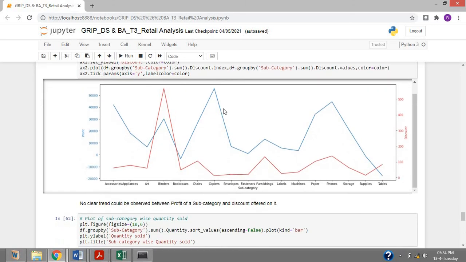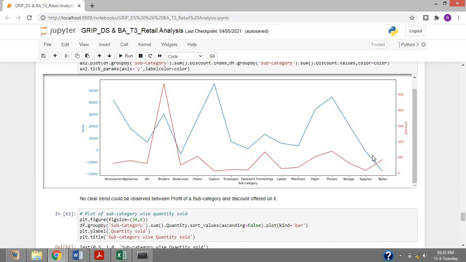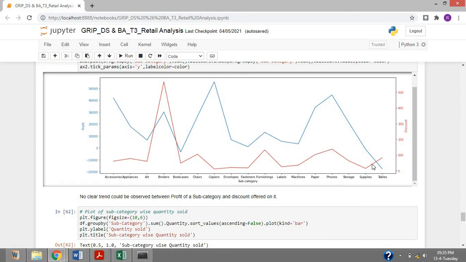Once we plot, if we see, for some of the subcategories where there is a peak in the discount, the profit has also peaked near about here and here. But then for tables, that specific subcategory is heavily loss making; despite a considerable discount on the tables subcategory, it is still making a loss. So here it doesn't apply.